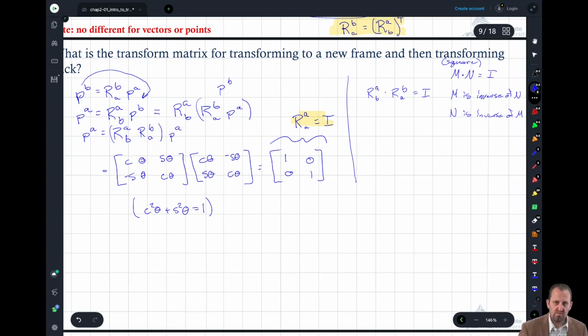Okay, for square matrices, there we go. We have that nice little property. So we have two square matrices multiplied together and they're equal to the identity. Well, that just means that RBA inverse is equal to RAB.